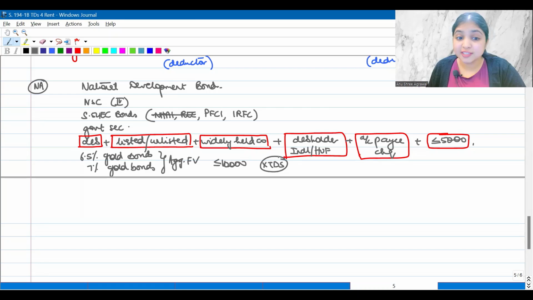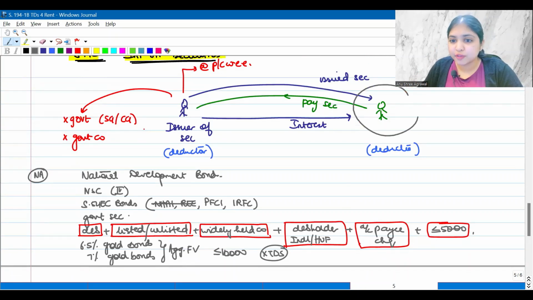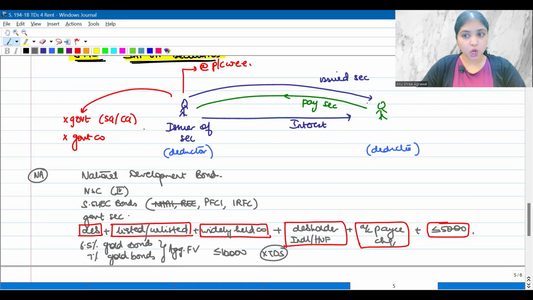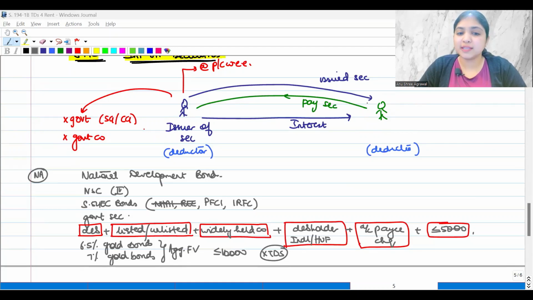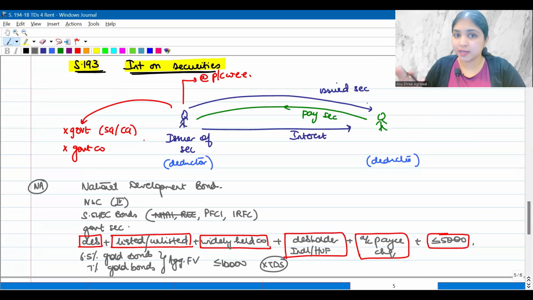Please note, I'm not saying that the interest has to be within 10,000. I'm saying the face value of the bonds held by this person should not be more than 10,000. If all these conditions are fulfilled, then section 193 will not apply. Understanding, everybody? That's all, guys.